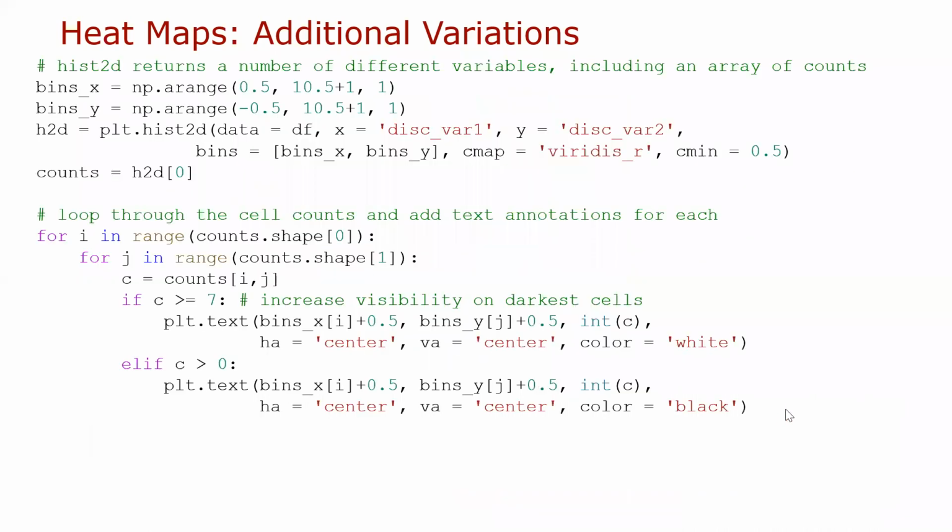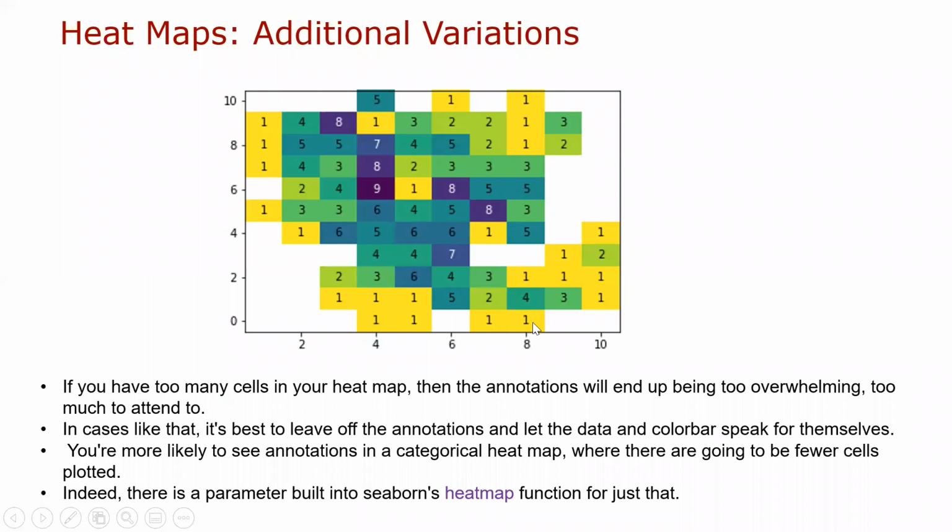They are saying that if C is greater than or equal to 7, put it in white, because the cell is going to be dark. If it's greater than or equal to 0, which means less than 7 but greater than 0, put it in black. That's actually why I have some numbers here in black, while here I have numbers in white. That's what this is. Okay, clear, guys?